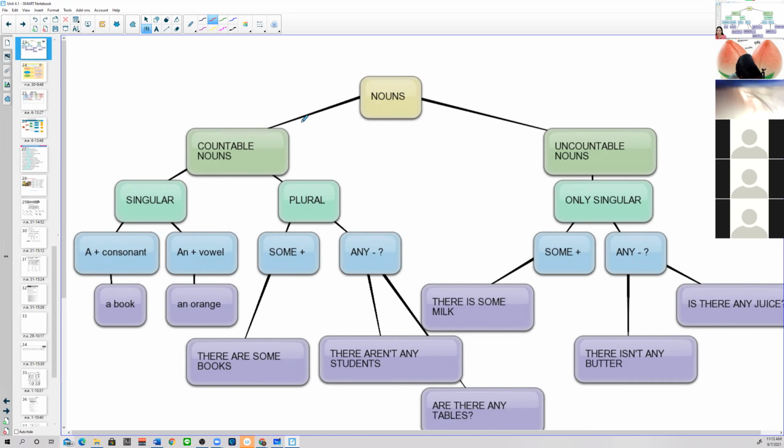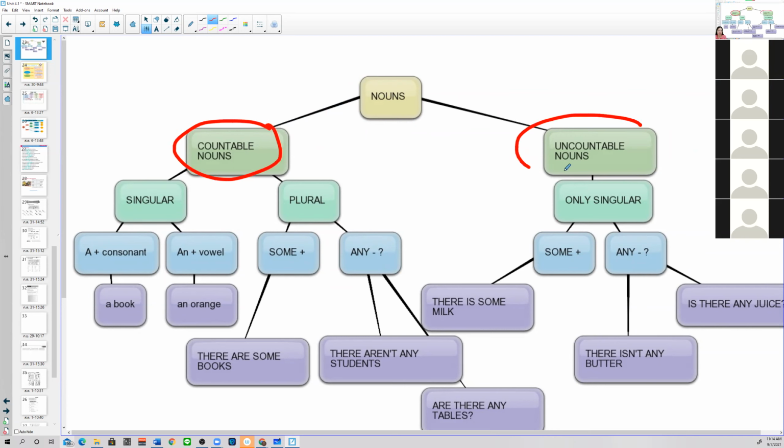And we were talking about countable nouns and uncountable nouns. They're separated into two categories. You were told that uncountable nouns can only be one thing, which is singular. And countable nouns could be separated into two categories one more time. Another separation is singular and plural.